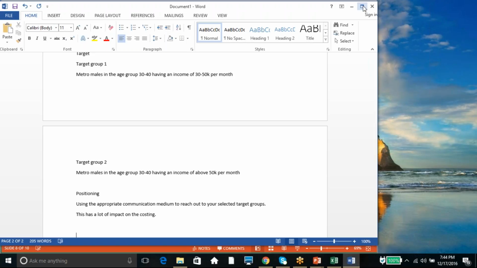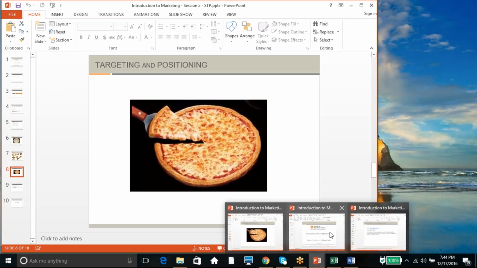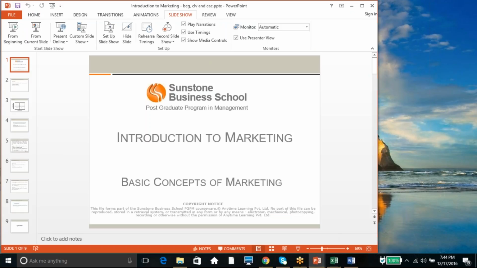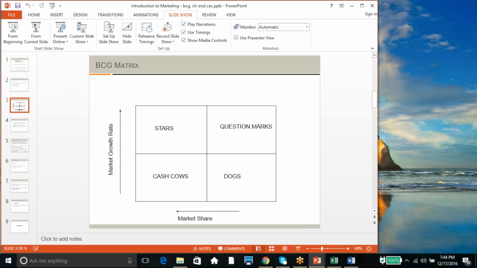Okay, so I move on to the third presentation, which was of today. We've now done STP, we've done the 4Ps, we've done the NCDV model. We come to the next one, which is more of a company position, where we want to be.